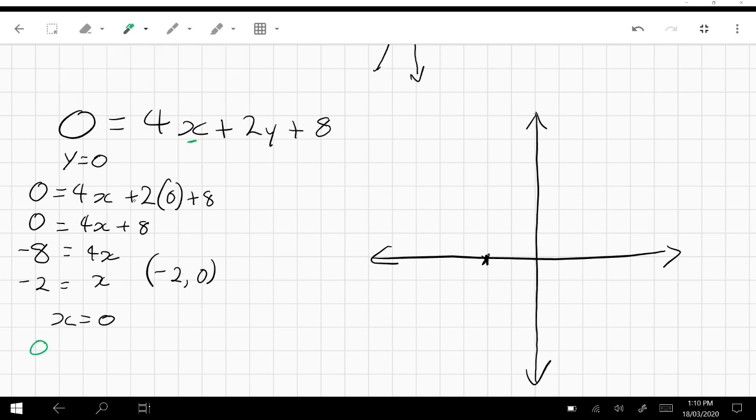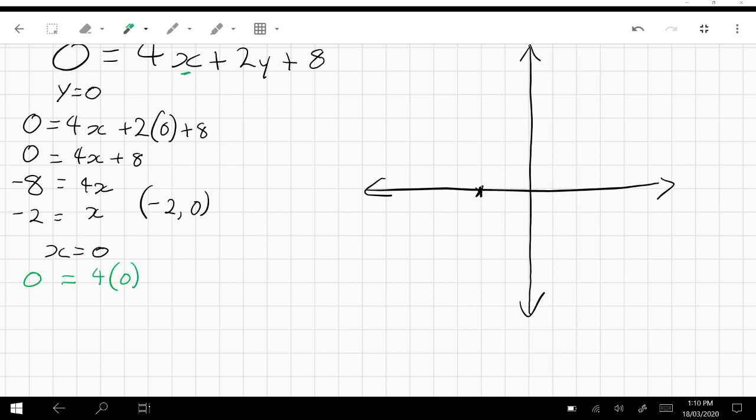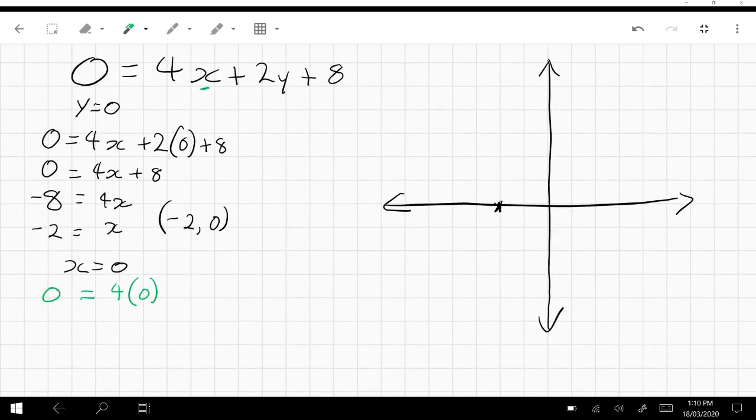So 0 equals 4 times 0, because that's now my x, plus 2y plus 8. So now I'm going to solve that equation, equals 2y plus 8. Subtract 8 from both sides and divide both sides by 2.